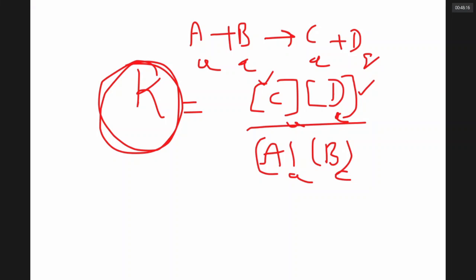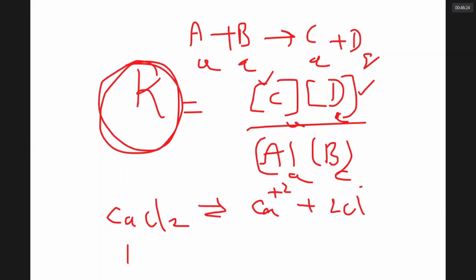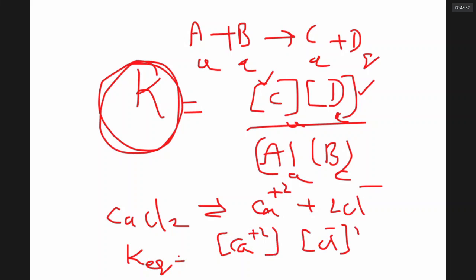Now what happens when CaCl2 is dissolving? At equilibrium, you will have Ca2+ ions and 2 Cl- ions. So the ionic equilibrium constant is given by concentration of Ca2+ into concentration of chloride ion to the power 2 by CaCl2.